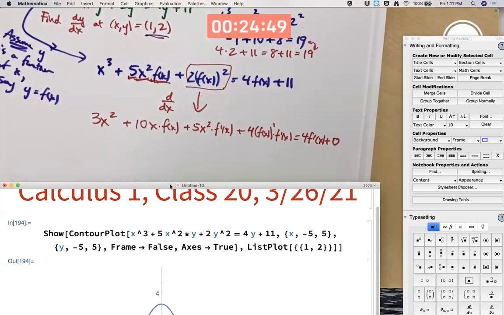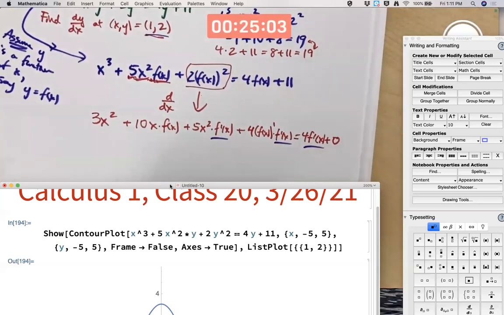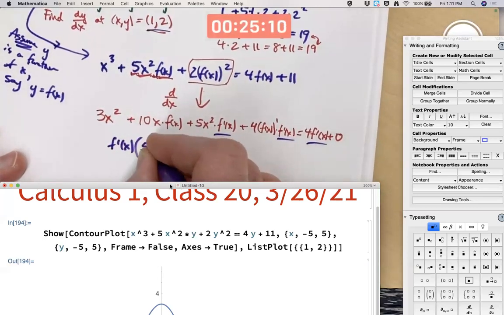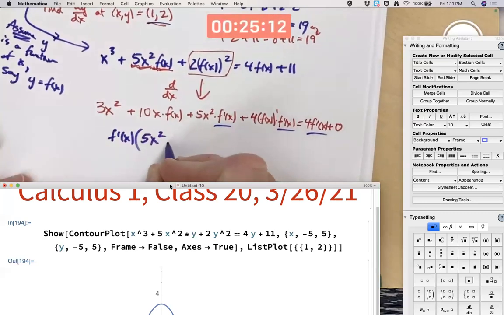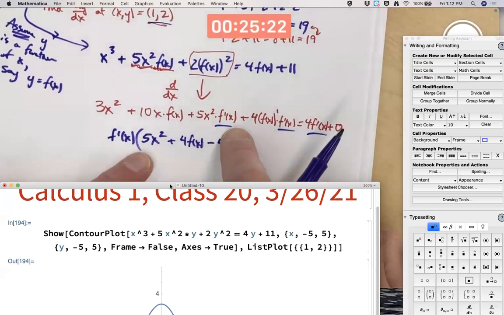What's the goal? The goal is to find the derivative. Solve for f prime. And that's what I have to do. I need to algebraically solve for it. I see an f prime here, I see it here, and I see it there. Bring all the terms involving f prime to the left side and factor out the f prime, and you'll get this. Right? 5x squared comes from this term.